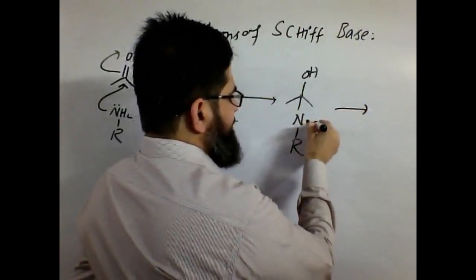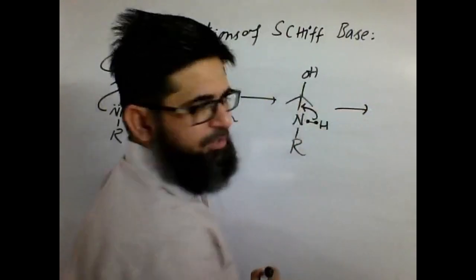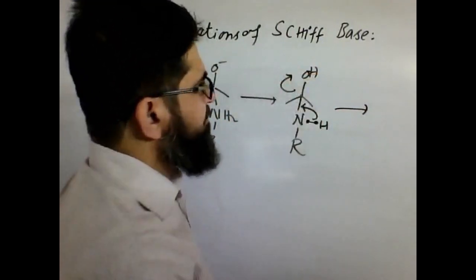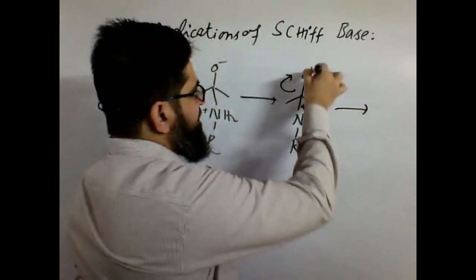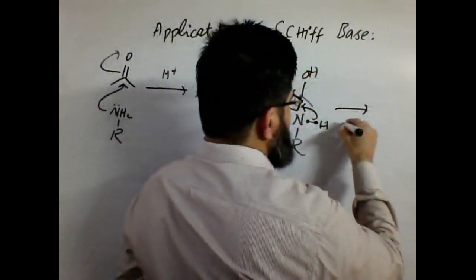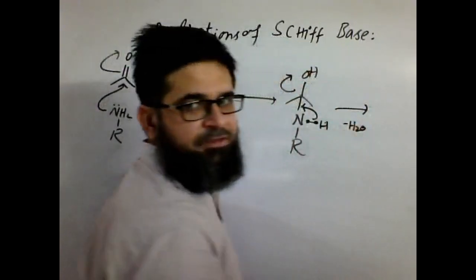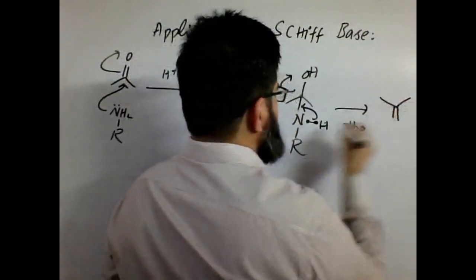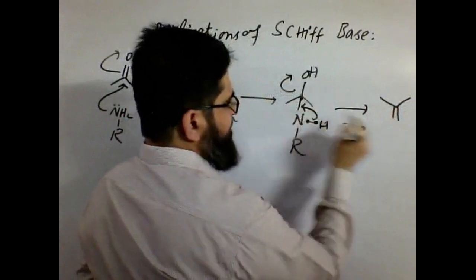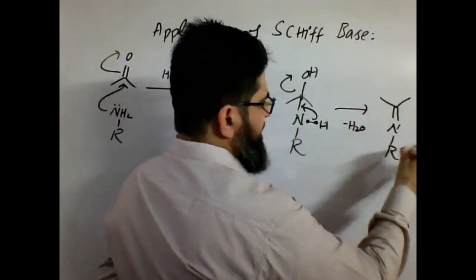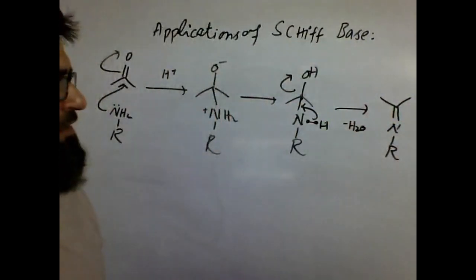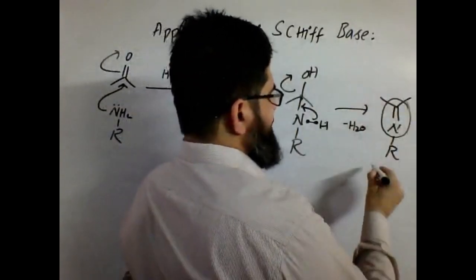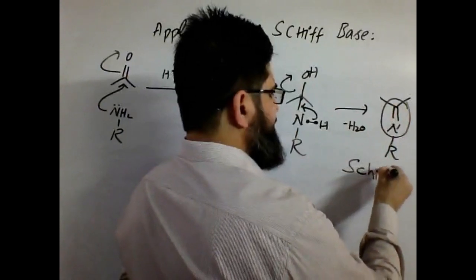This proton is removed from here to generate a double bond between carbon and nitrogen, kicking the hydroxyl group out, and then both of these produce water as an eliminating species. So a double bond is generated between carbon and nitrogen, with the R substituent on nitrogen. This is called a Schiff base.